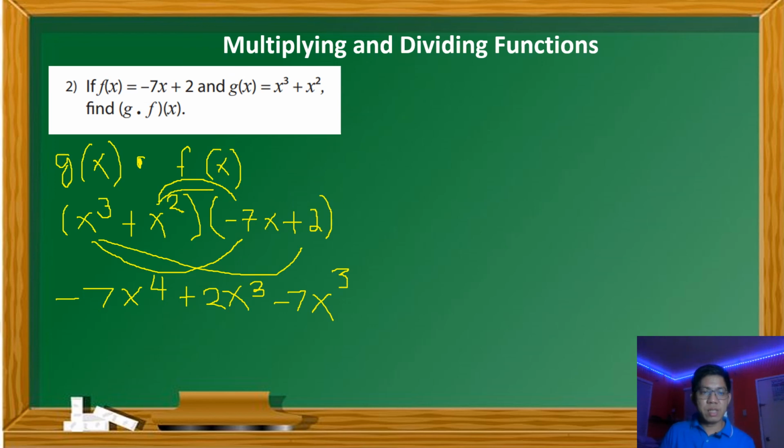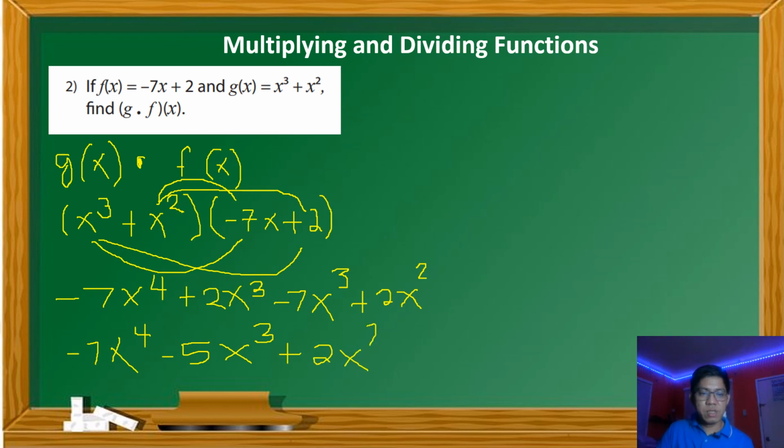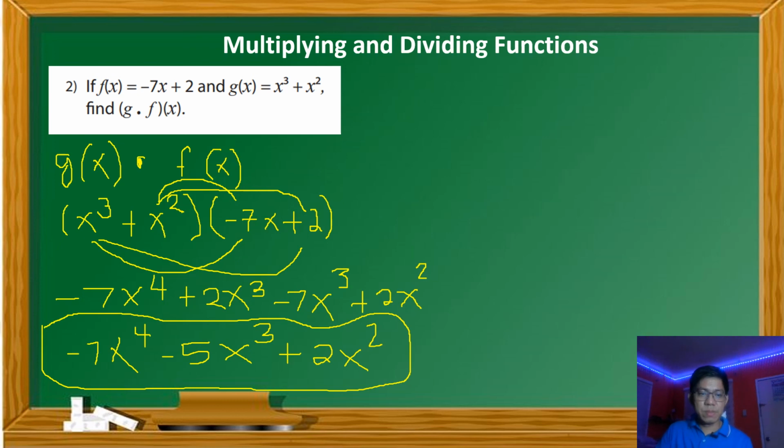Then, x squared times positive 2 is positive 2x squared. Okay, so let us combine like terms. We have negative 7x to the 4th. 2x cubed minus 7x cubed, we have negative 5x cubed plus 2x squared. Okay, so this will be your final answer for that. So, yun yung ating multiplying function.